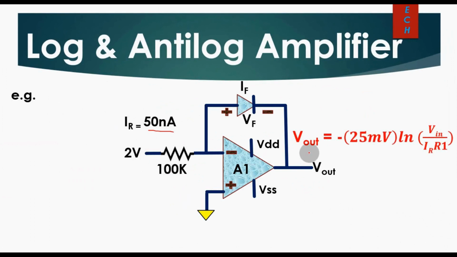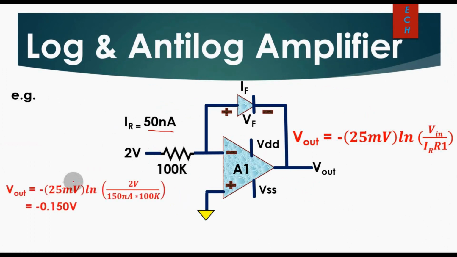We already know V out equals minus 25 millivolt ln V in divided by IR into R1. So you simply place the values: minus 25 millivolt ln of V in equals 2 volt divided by IR, 50 nanoampere, into 100k. You will find minus 0.15 volt or 150 millivolt.